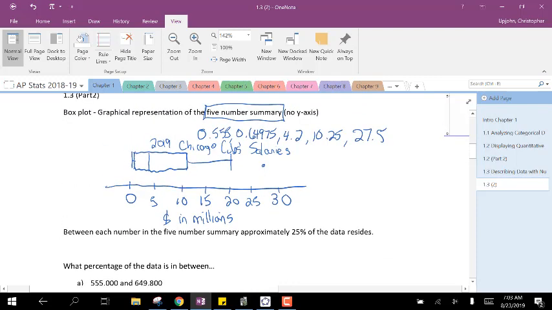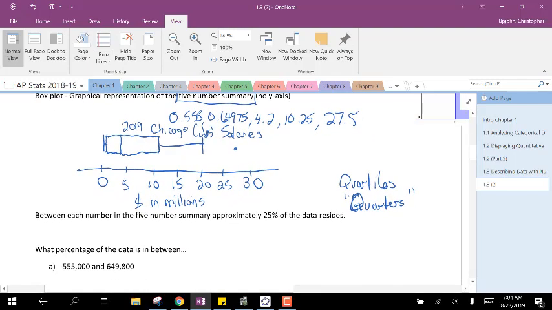They are quartiles, meaning quarters. So it splits it up into quarters. I'm using both things here. So there's 25% between 0.55 and 0.64975, 25% between 0.64975 and 4.2, between 4.2 and 10.25, and 10.25 and 27.5.